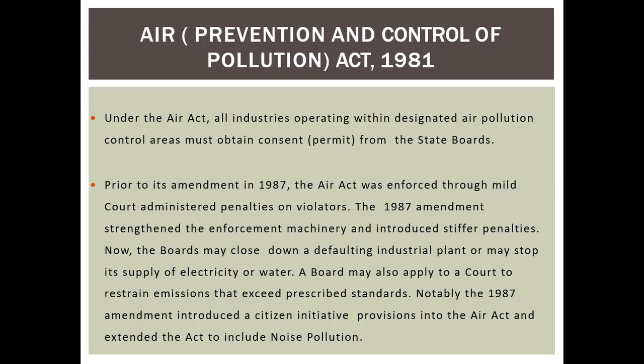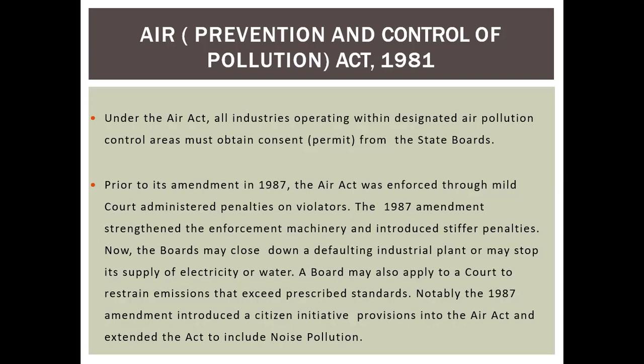Prior to its amendment in 1987, the Air Act was enforced through mild court-admitted penalties on violators. The 1987 amendment strengthened the enforcement machinery and introduced stiffer penalties. Now the boards may close down a defaulting industry's plant or may stop its supply of electricity or water.